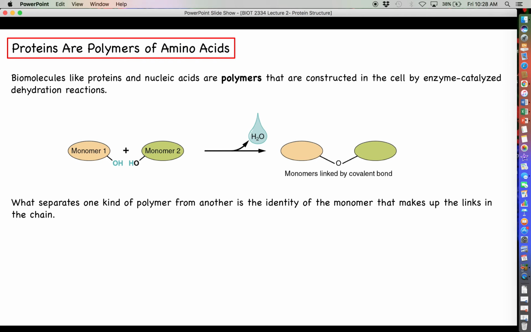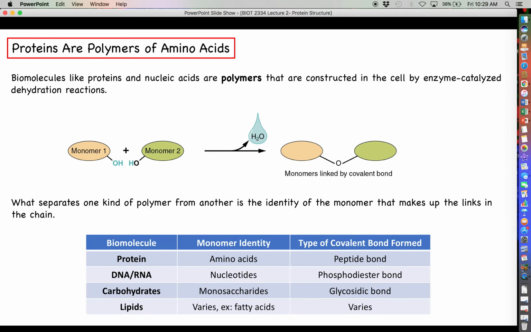So what's going to separate one kind of polymer from another, say a protein from a nucleic acid, is going to be the identity of the monomer that is used in the actual reaction. So what is the monomer that actually makes up the links in the chain? In the case of a protein, we are going to learn about this a lot in this chapter.